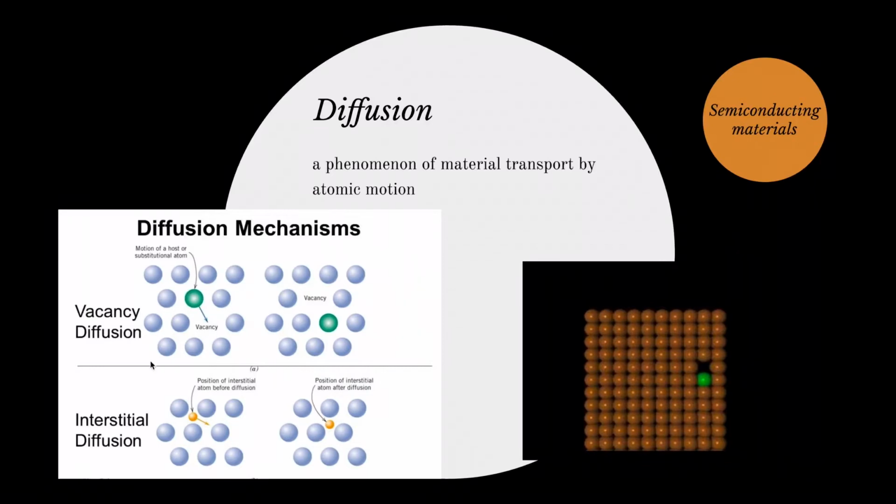So here's some mechanisms. You can imagine vacancy diffusion, where the atom moves to another vacant space, and it can also be interstitial. So this is the smaller atom here, and it can move.